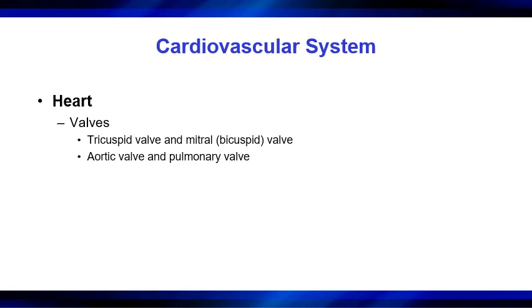You also have the aortic valve and pulmonary valve. The pulmonary valve is at the right ventricle, because that's what pumps blood out to take it to the lungs. And the aortic valve is where the blood goes out to the rest of the body out of the left ventricle.